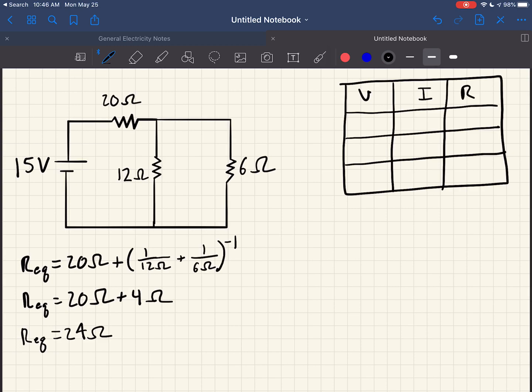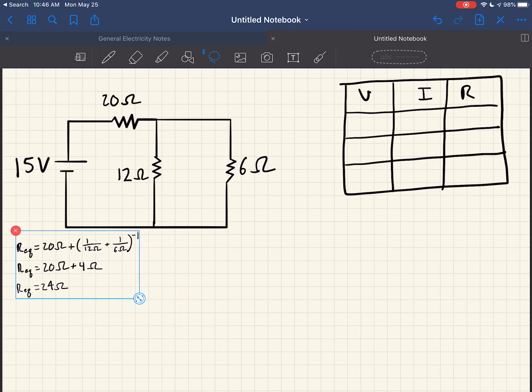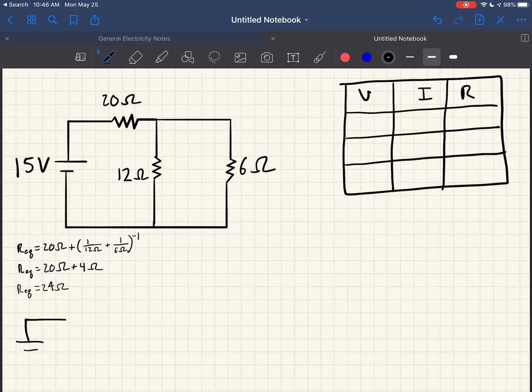Nice. So now if I think of the whole circuit as just one thing, so I model the circuit. Maybe I'll shrink this a little bit, get it out of the way. Okay, so if I model the circuit as just this, this is 15 volts, and then REQ is 24 ohms.